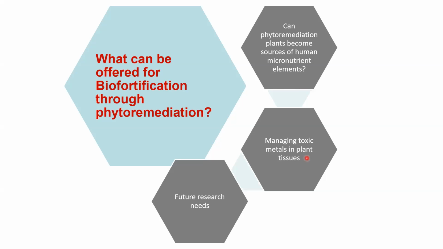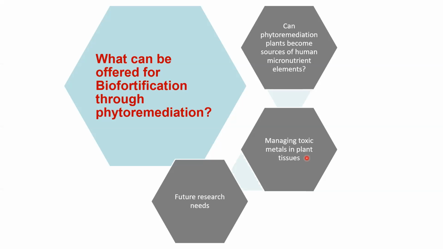For example, if we are working to enhance the uptake of zinc in a plant species, then that may have enhanced uptake of cadmium, I mean the similar metal atoms. If so, then that is not very good for the biofortification. So how to manage that? So phytoremediation can help in that case.